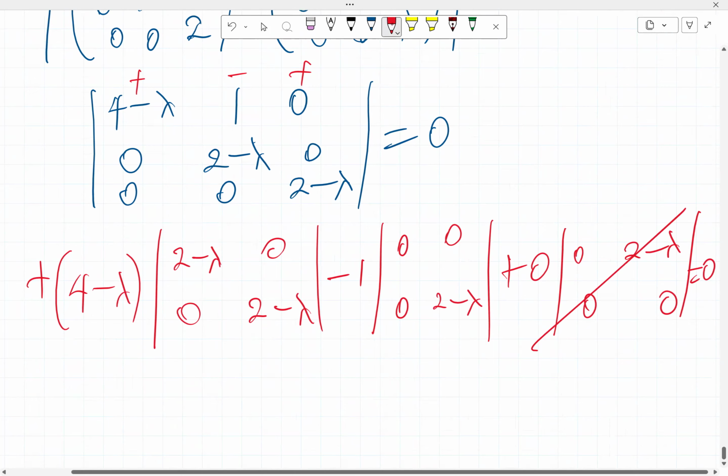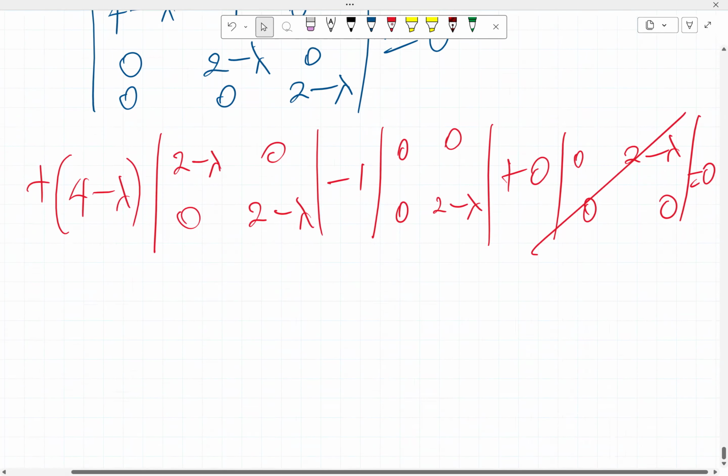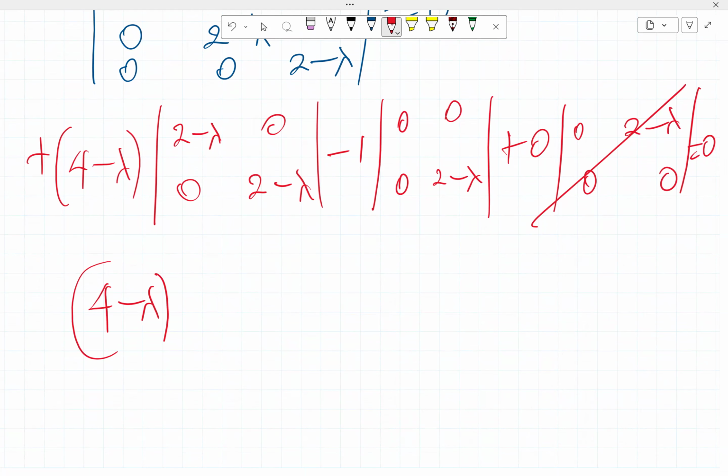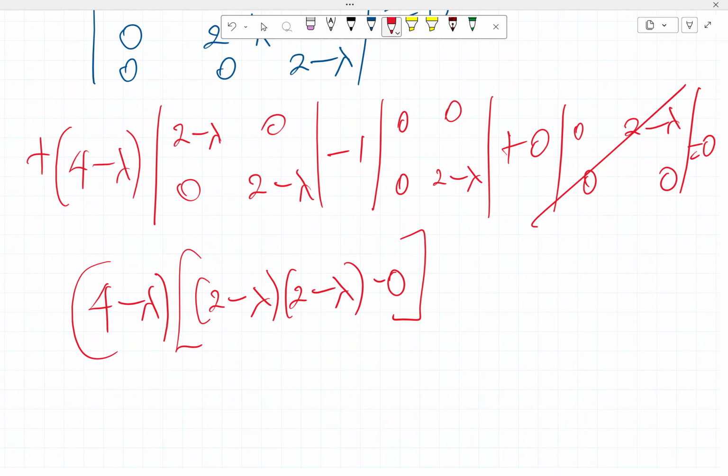So of course, this goes to 0 normally. Here you have 4 minus lambda into the determinant, which is 2 minus lambda into 2 minus lambda minus 0 times 0. Then minus 1 into 0 times 0 minus 0 times 0, so plus 0 into everything, that's still 0 right there.